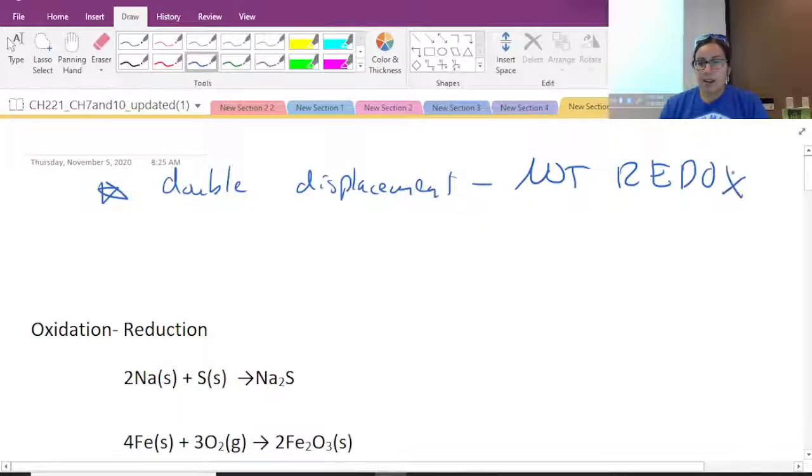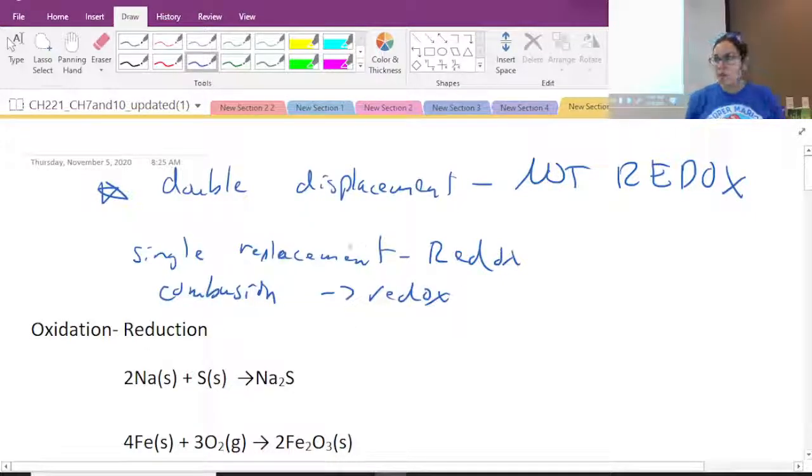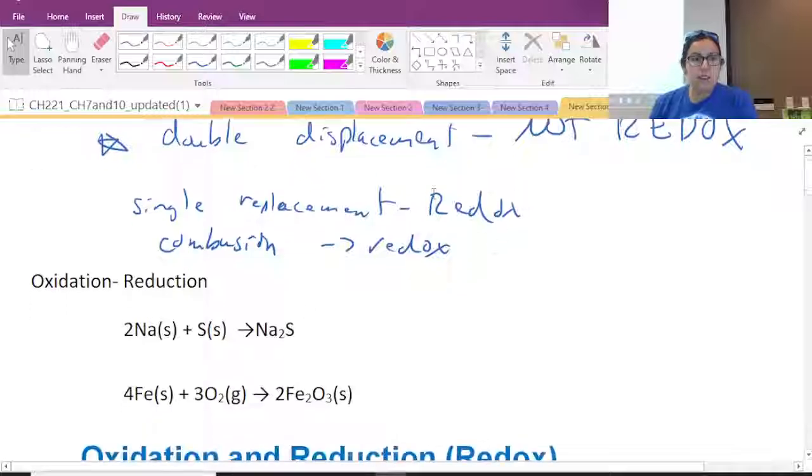Then we'll see how the single replacements are always redox, and we'll look at other scenarios as well. You can probably tell that combustion reactions are also redox. But I don't want to rush this, so we'll revisit oxidation reduction and go into more detail on Tuesday.